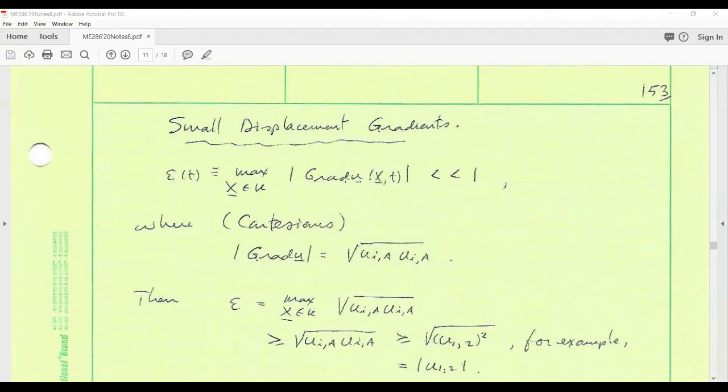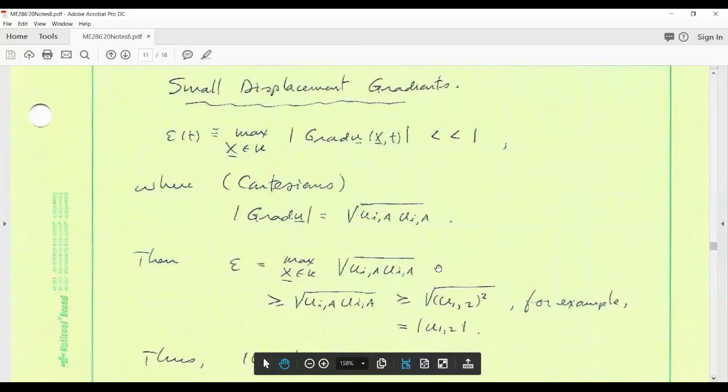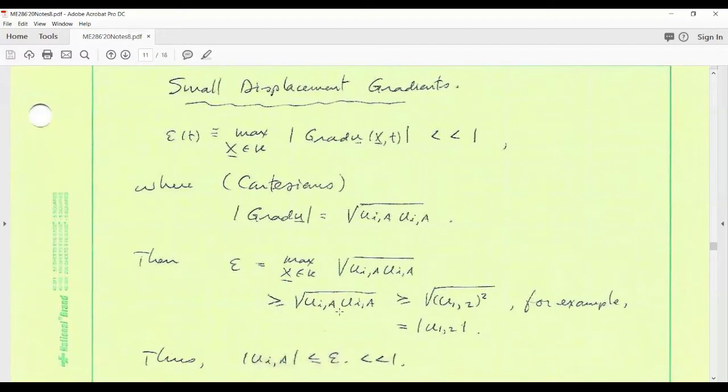In Cartesians, the norm of the displacement gradient is just the square root of the sum of the squares of u i comma a. And so this epsilon would be the maximum of that over the body, which is greater than or equal to the value at any point in the body. And since this is the sum of squares, it's greater than or equal to the square of any one component, let's say.